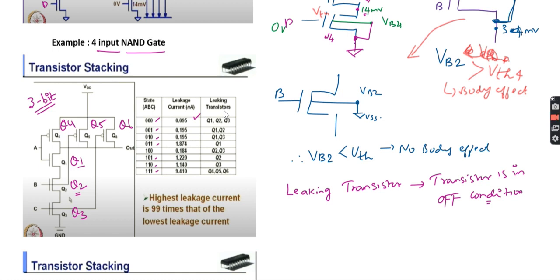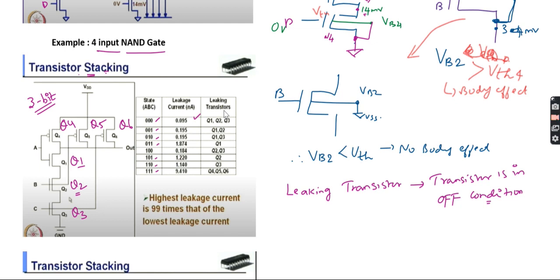It is not a leakage transistor because Q6 is directly connected to the output, so it won't leak anyway. This problem happens when transistors are stacked, that is, in CMOS technology the pull down network connected in series. Always this problem happens in series connection. This is the method to minimize your leakage.